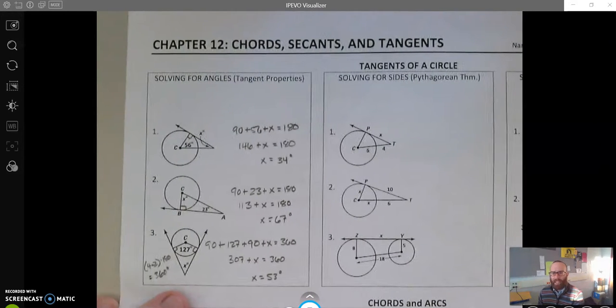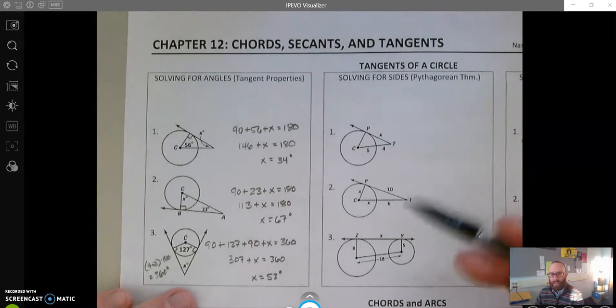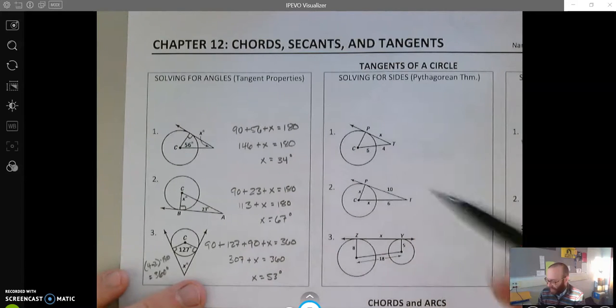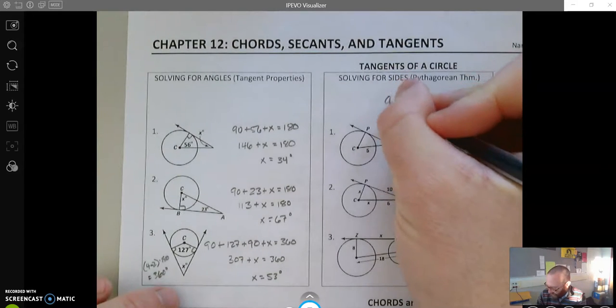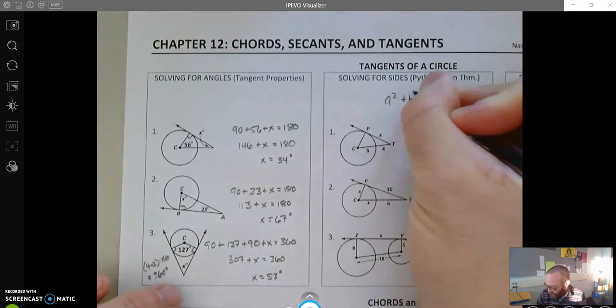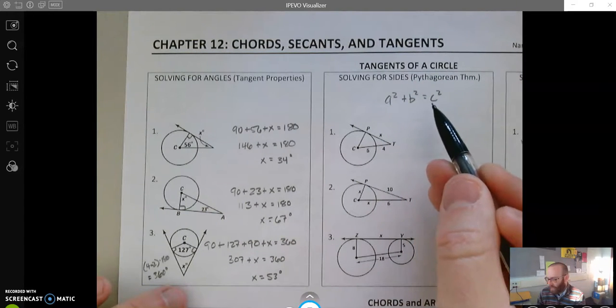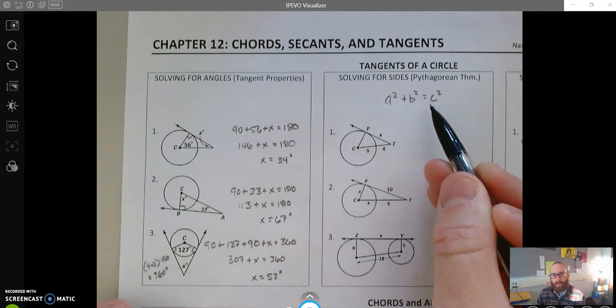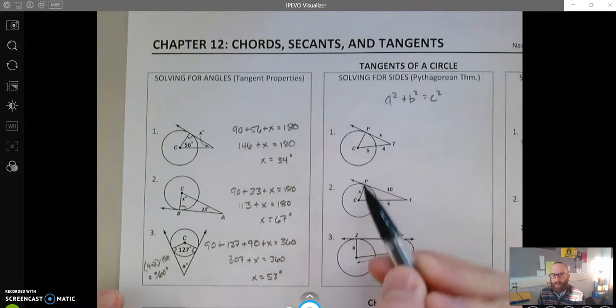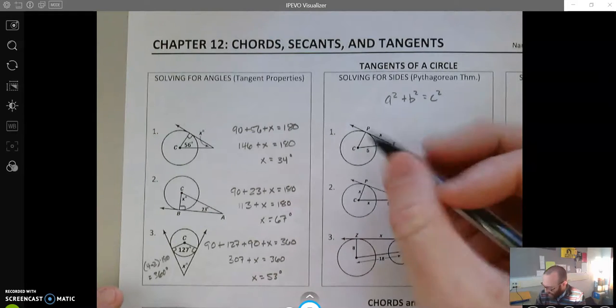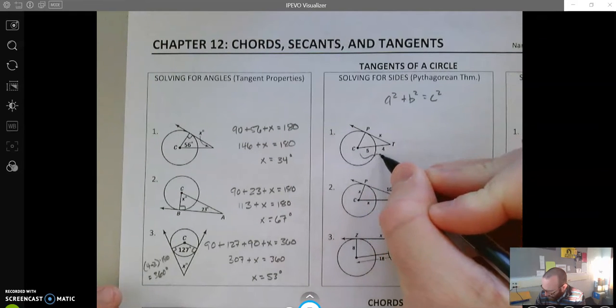Now, depending on which section you were, we got to various parts of this. The key to these is now we're solving for sides, and we're working with the Pythagorean theorem. Okay, so you have your a squared plus b squared equals c squared, remembering that c always has to be the hypotenuse. In each of these problems, we're going to be faced with a slightly different situation. So here, we had two important steps.